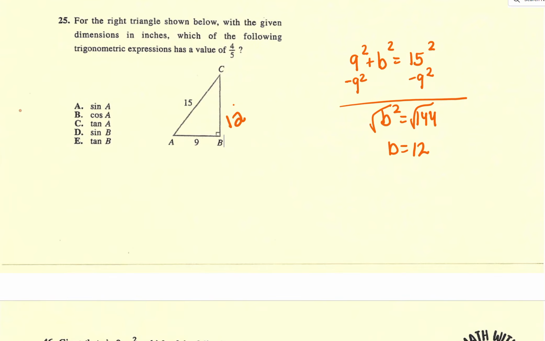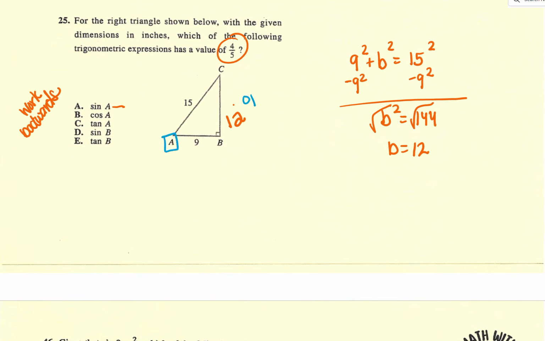Now, we should just work backwards. Working backwards is definitely a strategy on the ACT, so let's just work backwards. So 4/5, is that the sine of A, the cosine of A, or tangent of A, or is it in relation to B as far as sine or tangent? So let's start with the first one. The sine of A, well, A is right here.